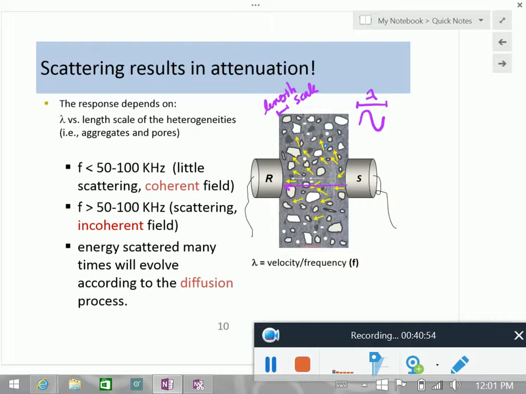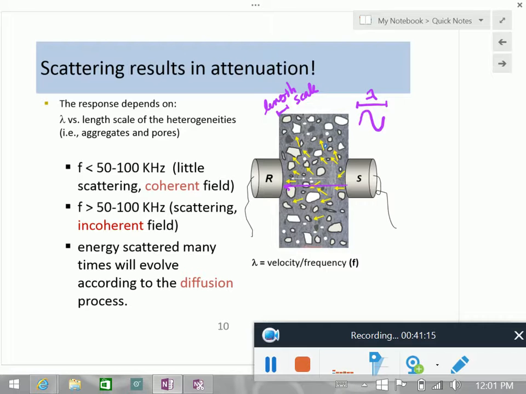And because of that, it gets away from the path it should have traveled through, and it doesn't arrive at the receiver as a whole. So it becomes smaller because a part of it is going somewhere else.